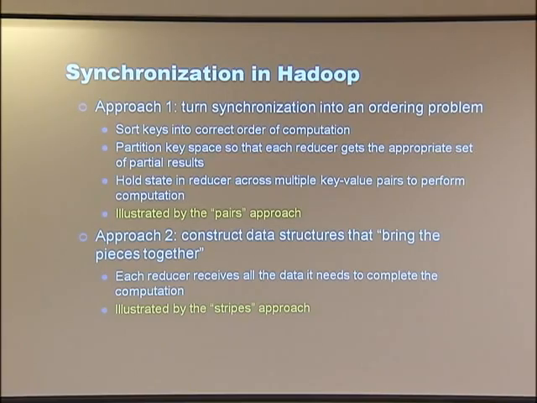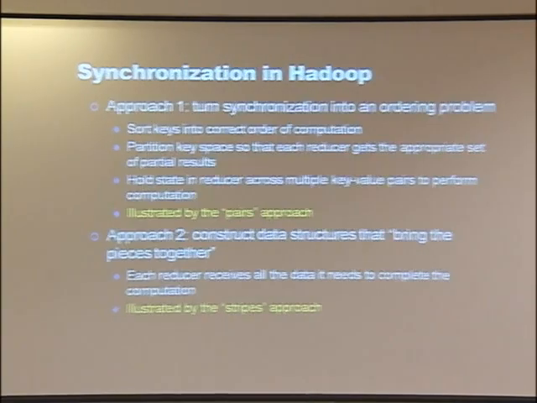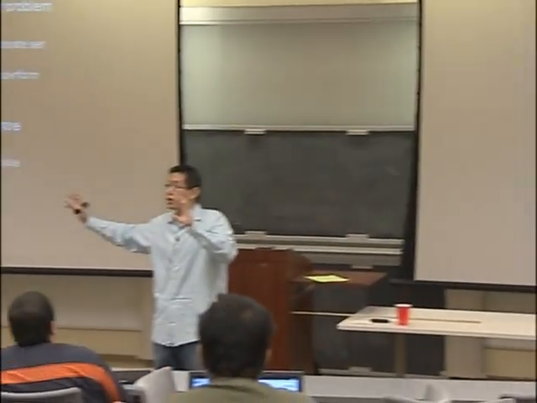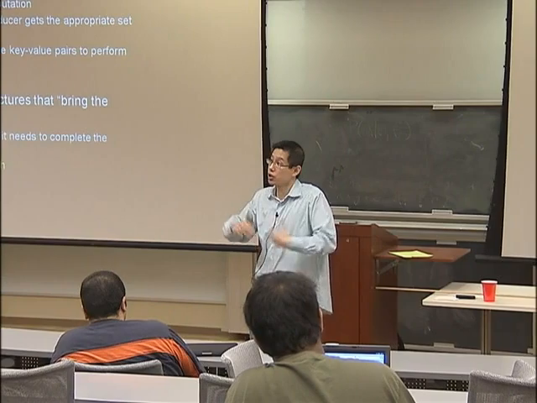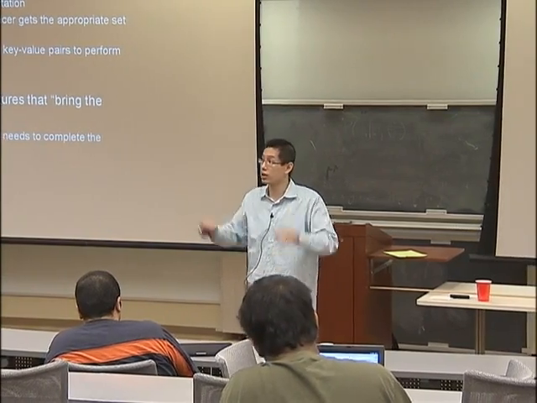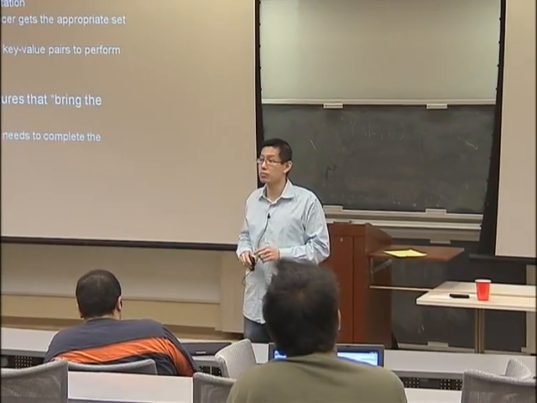The first approach is to turn synchronization into an ordering problem, as we talked about, which is illustrated by the pairs approach. The second is the stripes approach, where you construct the data structure in a clever enough manner such that all the pieces of data you need for your computation are brought together in the same value. So you don't need to deal with all this complex sorting and shuffling.